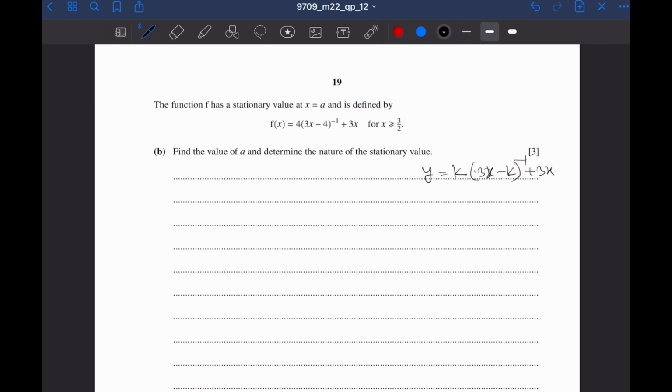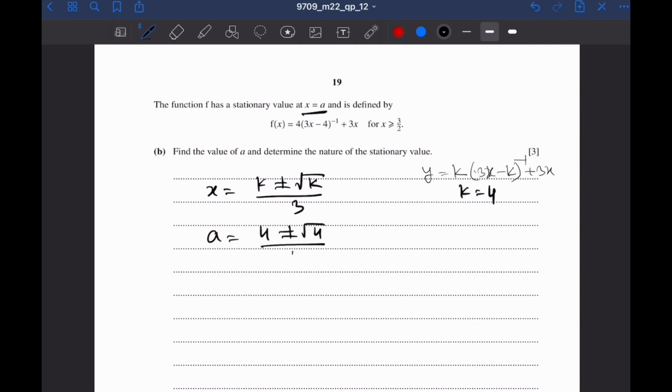Okay, so if we compare, here we compare k equals 4. Now x is a. Already we have got the solution from question a, that is x equals (k plus or minus root k) by 3. So here x is a, k is here 4.